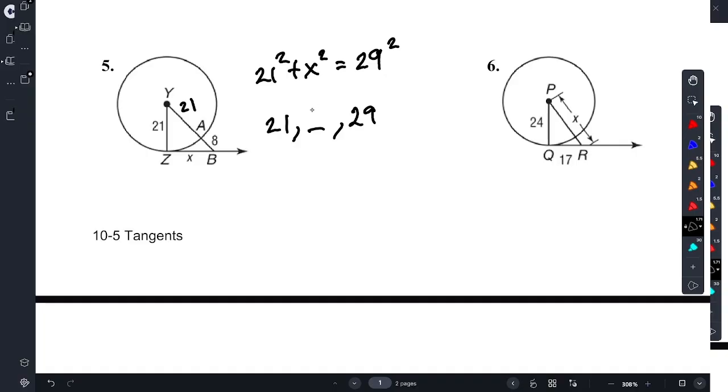So if you don't know it, call it x, right? Well, it is x, right? So x squared plus 21 squared equals 29 squared. And don't forget, you can always go back and do the Pythagorean theorem to solve these, right? So what is that? That's 441 equals 841. I was about to do 729.